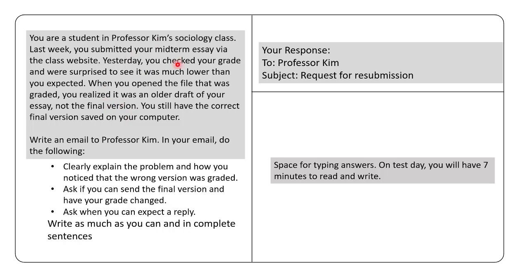After the scenario, it gives us 3 bullet points, what we need to include inside the email. It means while we are writing, we have to write what these 3 bullet points ask.